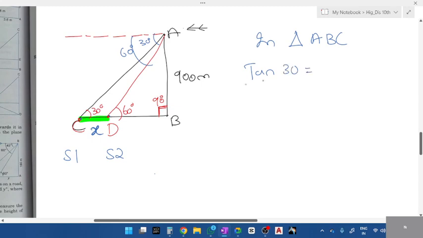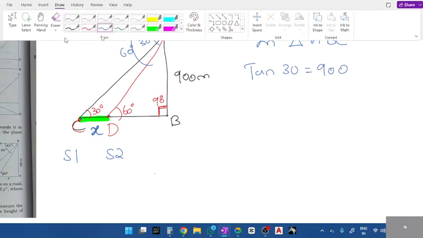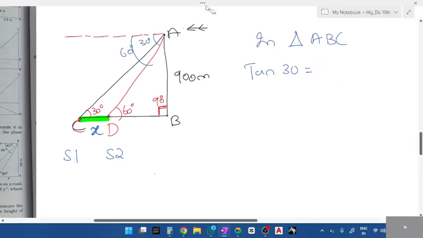Tan 30 equals opposite, 900, divided by the base. Don't write directly X, write it like this: 900 divided by the entire thing. What's the entire thing? Entire base is CB. So you have to write it as CD plus DB.